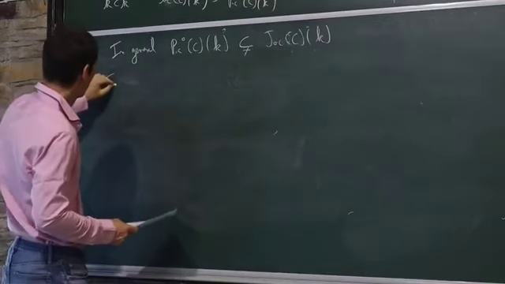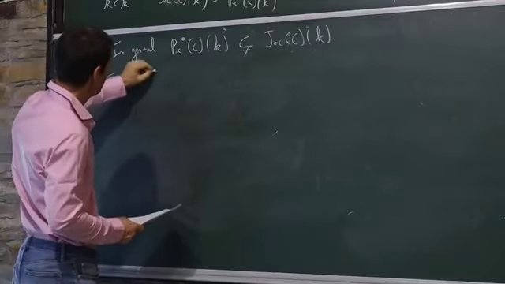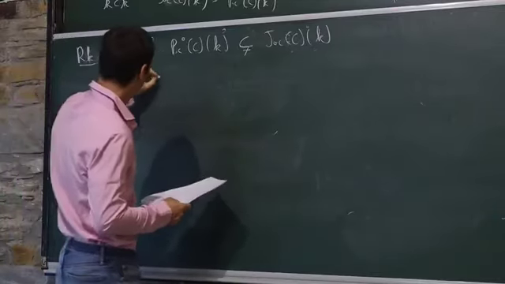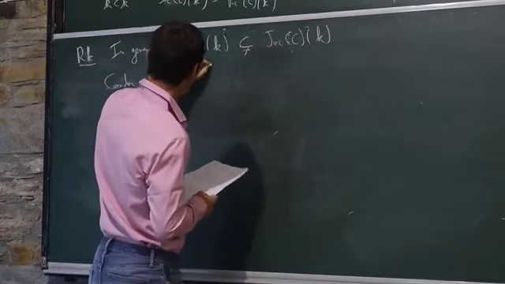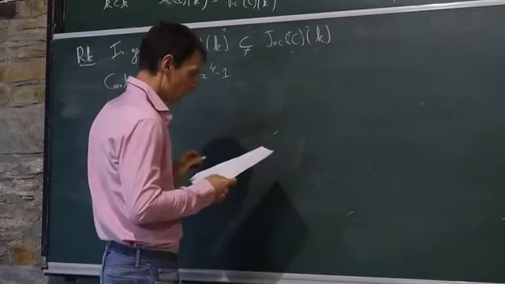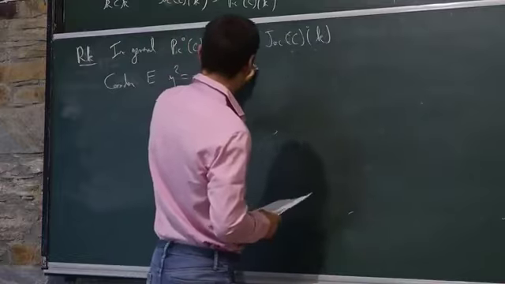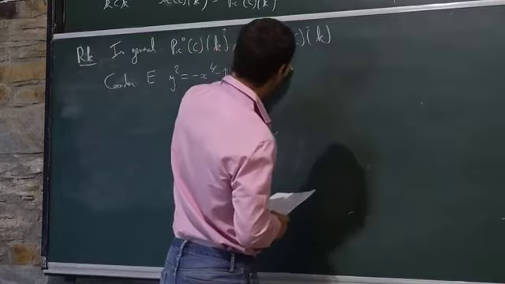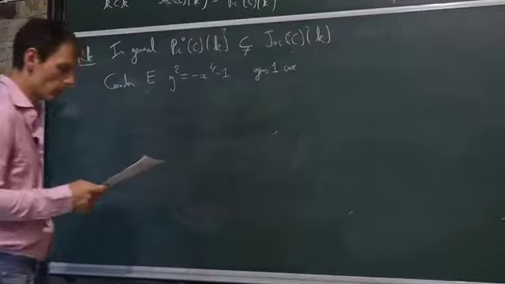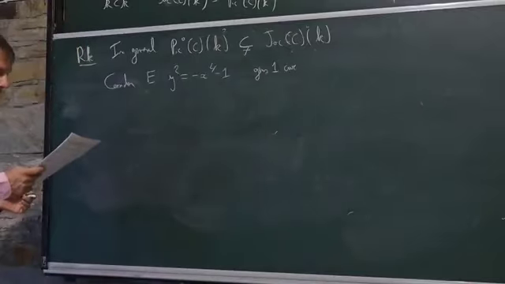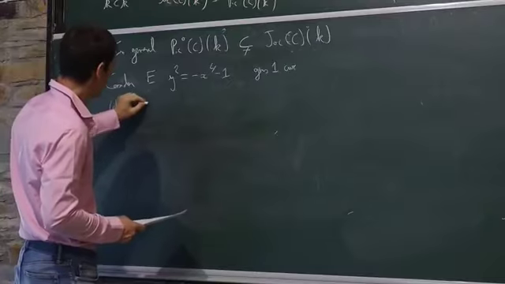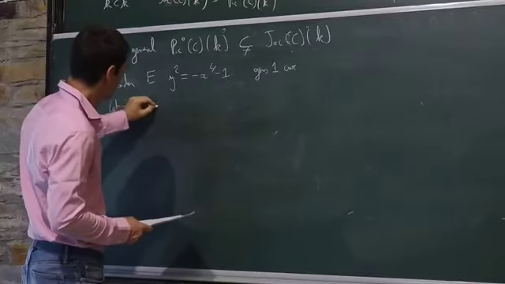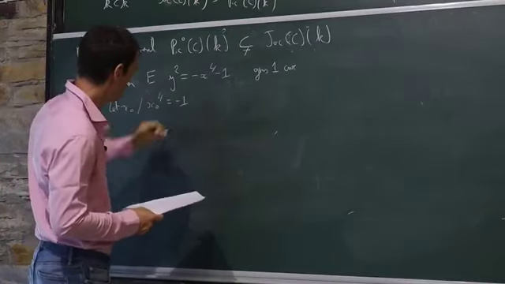So consider E defined by y^2 = -x^4 - 1. So this is a genus 1 curve, at least when you take its non-singular model. And let now x0 be a solution of x0^4 = -1.